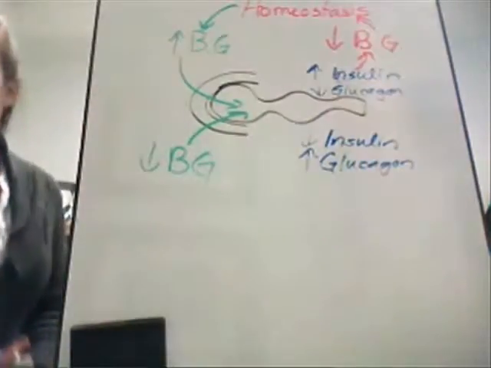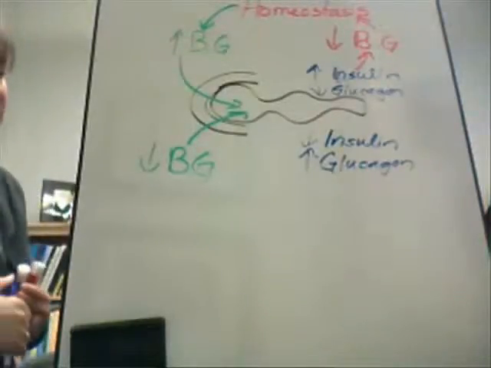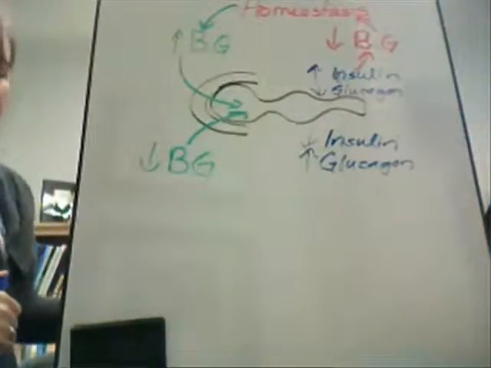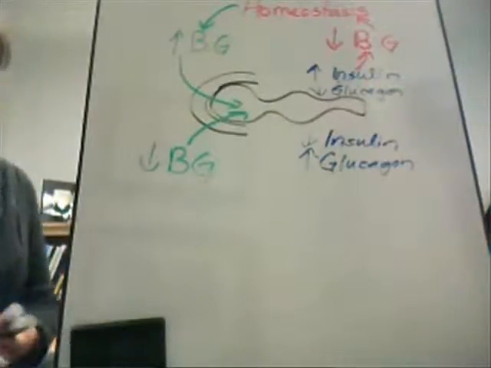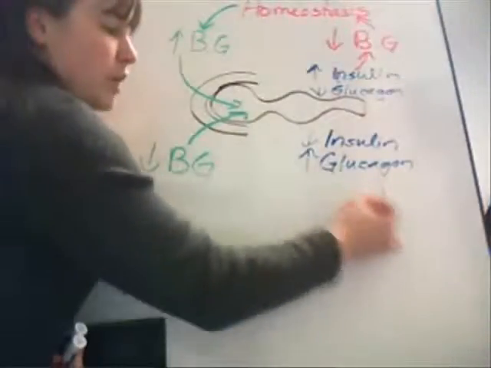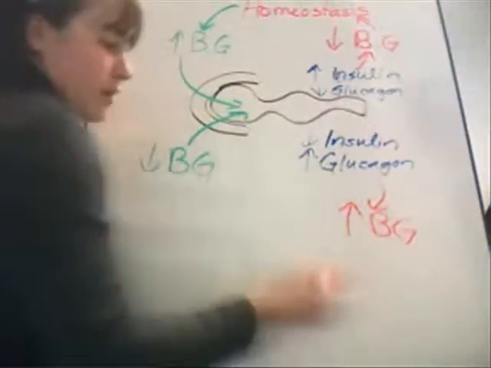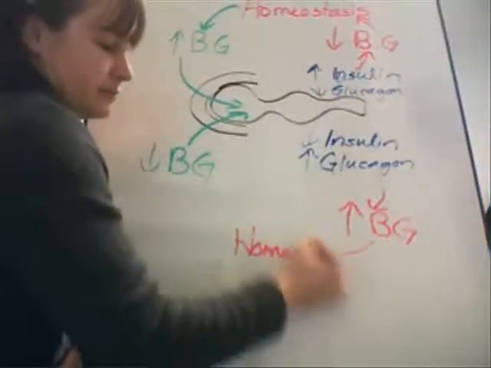When glucagon levels elevate, they target the liver to begin secretion of glycogen. And that's going to liberate some glucose into the bloodstream. So my blood glucose levels will raise.